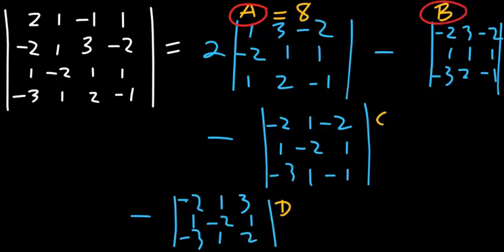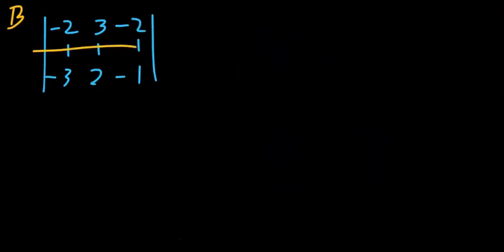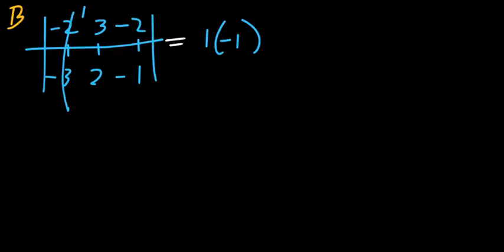Now let's do the term B. We can use the second row to determine this determinant. So the first element in that row is 1. The cofactor is minus 1, so this is row 2 and column 1, so 1 plus 2 is 3. The remaining determinant is 3, minus 2, 2, minus 1.